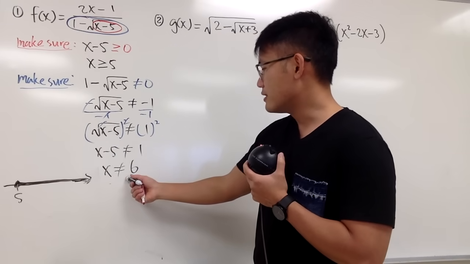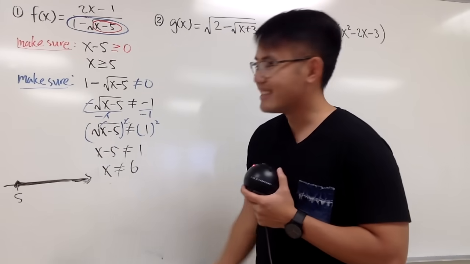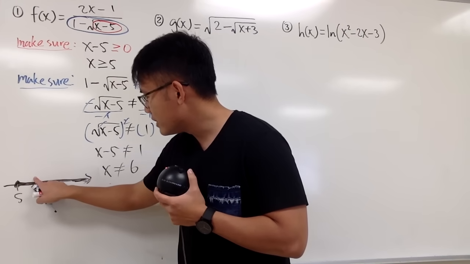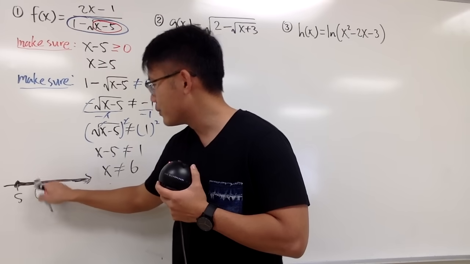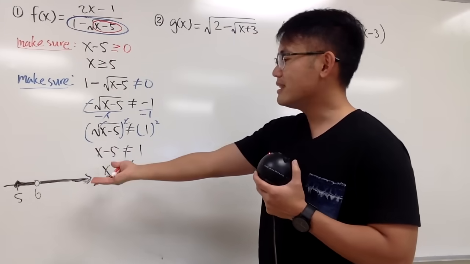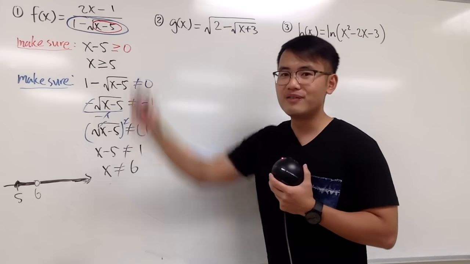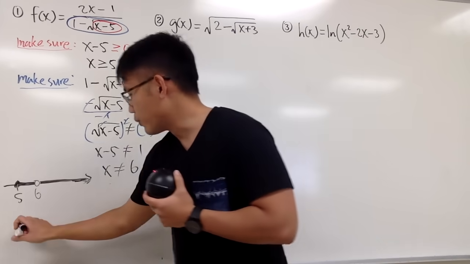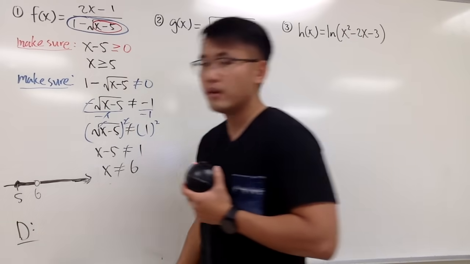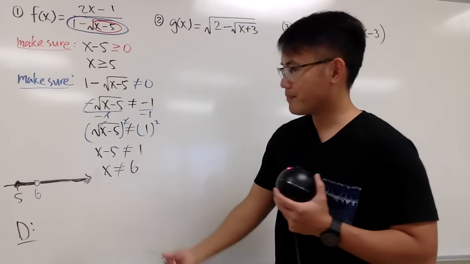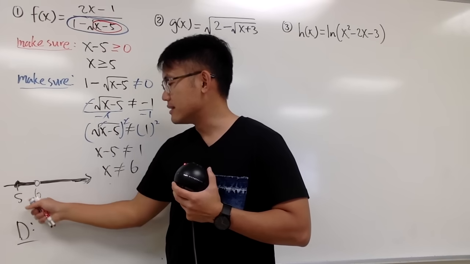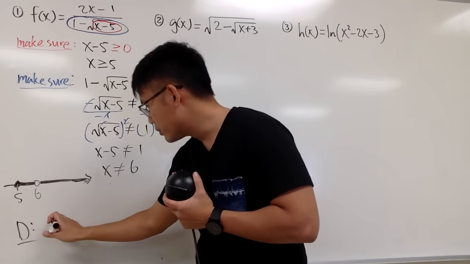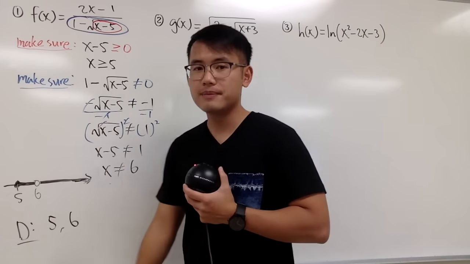However, the second condition says x cannot be equal to 6. So I'll go right here, and say this right here is 6 with an open circle. So this is the graph for the domain for this function. And finally, for writing down the answer, I will be using interval notation this time. We have two pieces. The first interval, we have 5 and 6 for the endpoints. Let me put on 5, 6 like this.